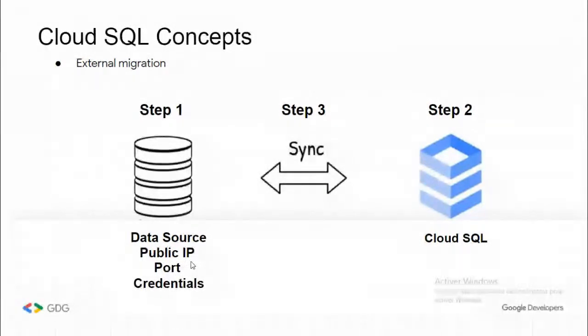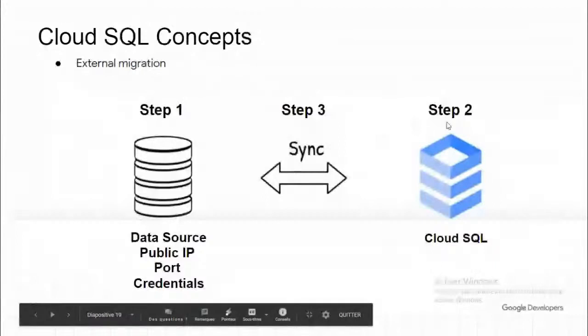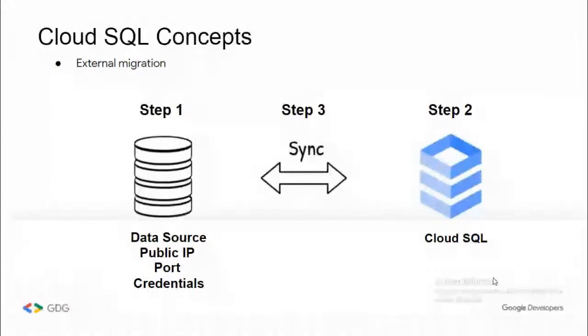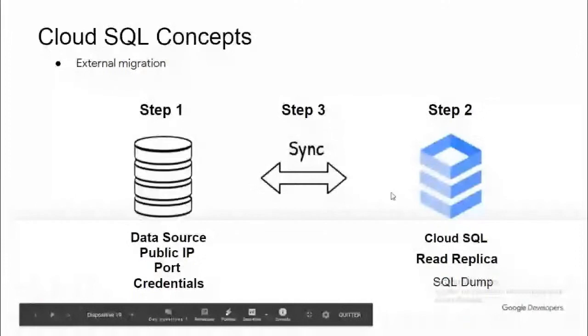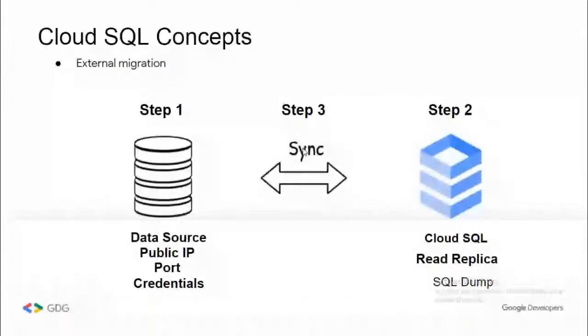The second step is you create a Cloud SQL read replica, just like we discussed in the creation process, using a SQL dump file. And third, you sync the read replica with the source, and finally you promote the read replica to primary instance with very low downtime.